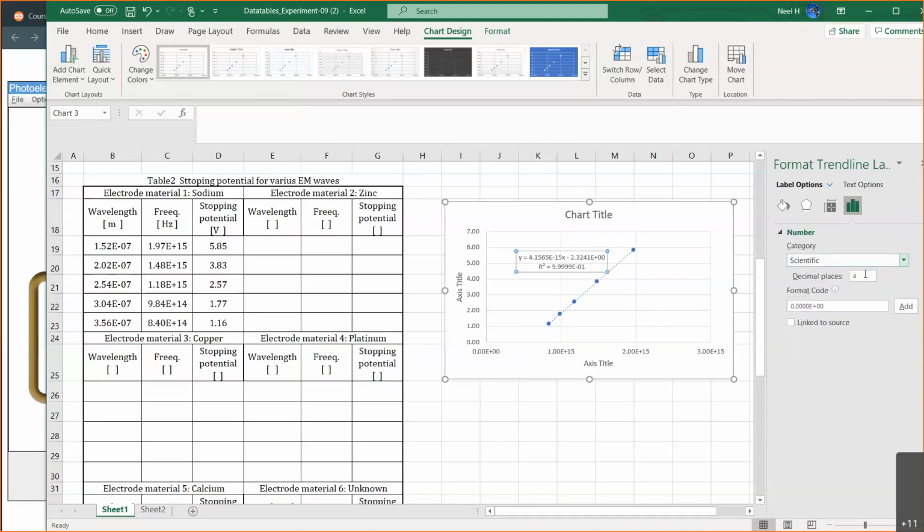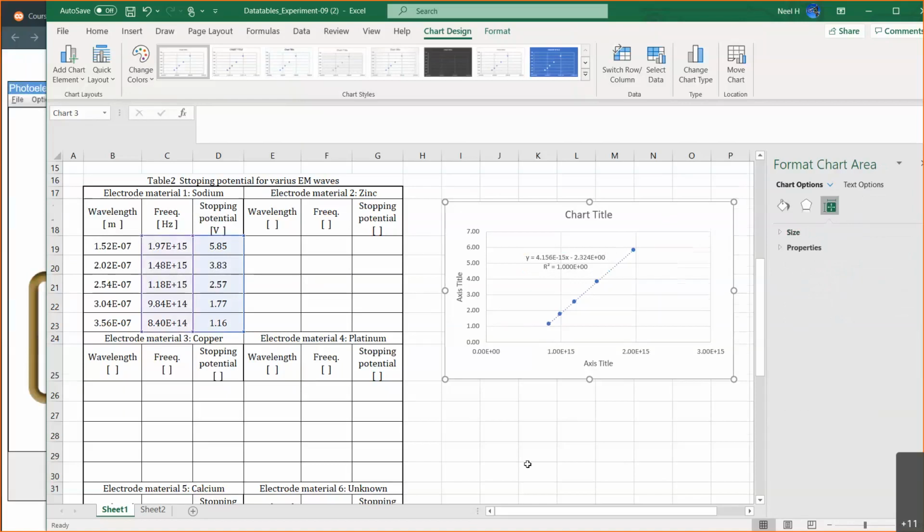Yeah, scientific, but at least 3 or 4 decimal places. Okay, so you double click on this line right here around the equation, and then this icon right here on the very top, label options, category, scientific, number 3 on decimals. Then it will show you a little bit of decimal places there, okay?